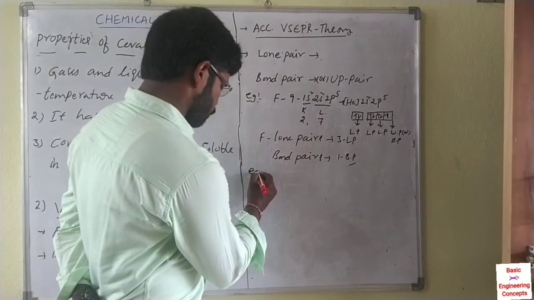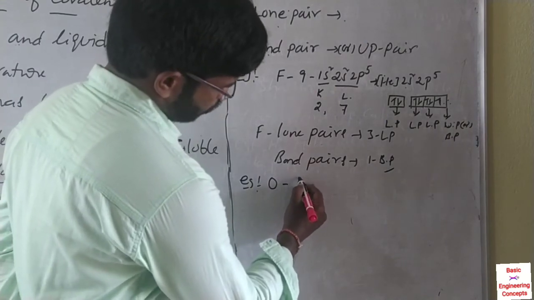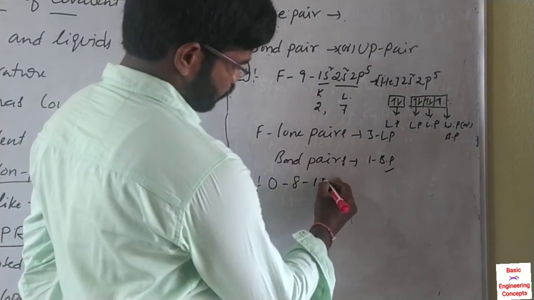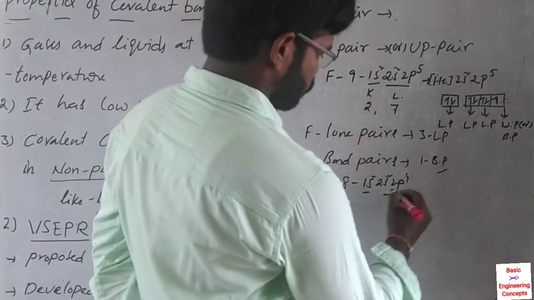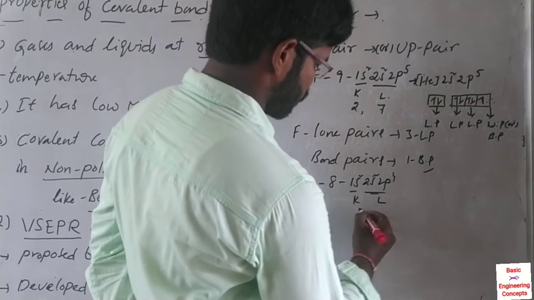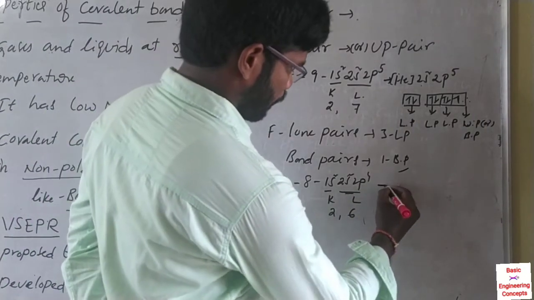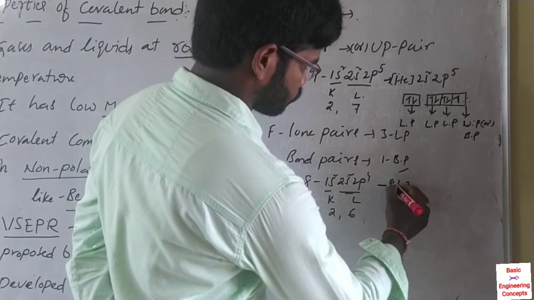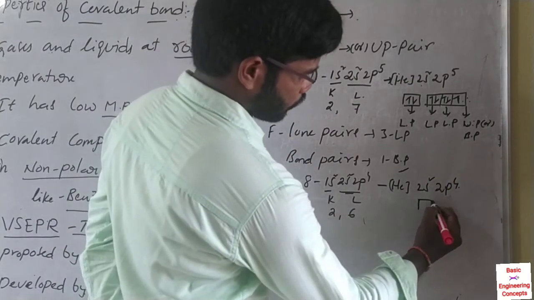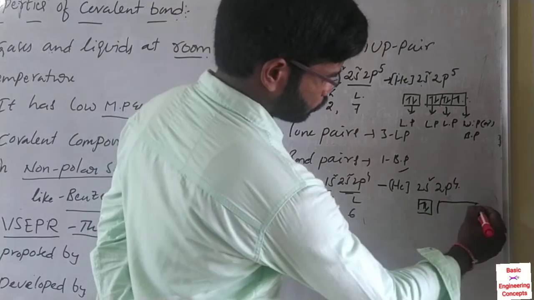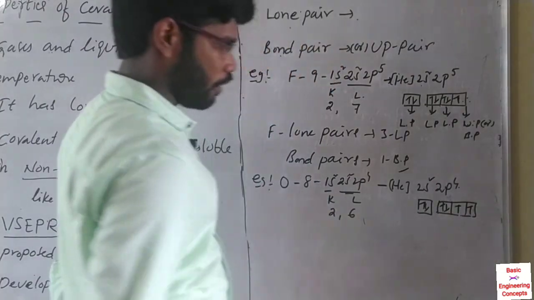And we can take another example, oxygen. Its atomic number is 8, 1s2, 2s2, 2p4. K shell, L shell, 2, 6. The outermost configuration is 2s2, 2p4: 2s has 2 electrons, the p orbital has 4 electrons.